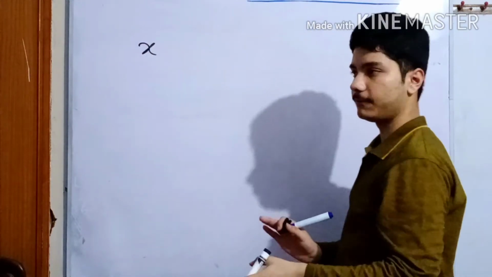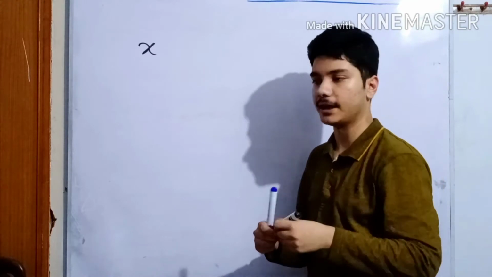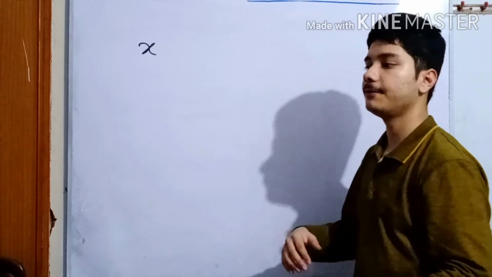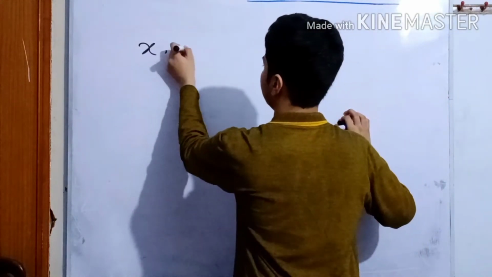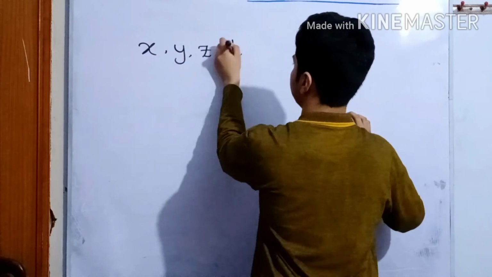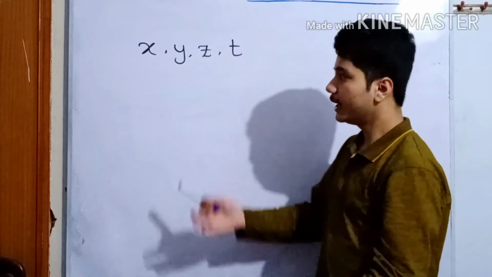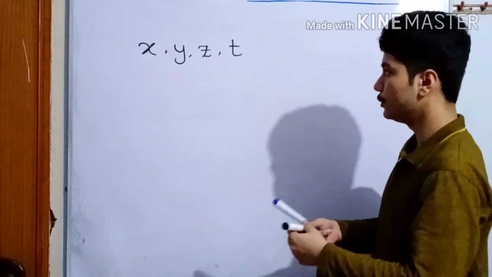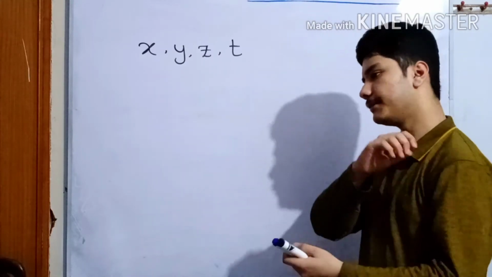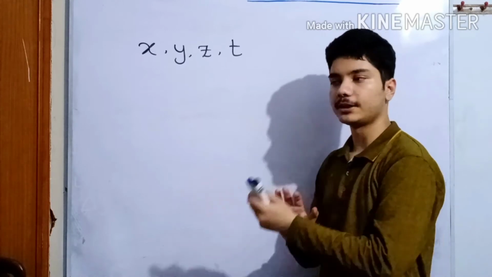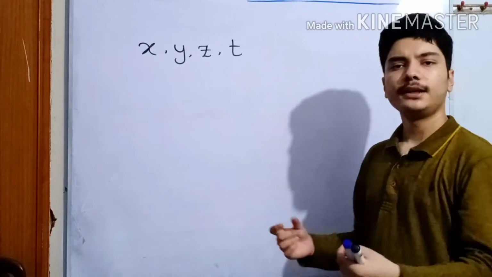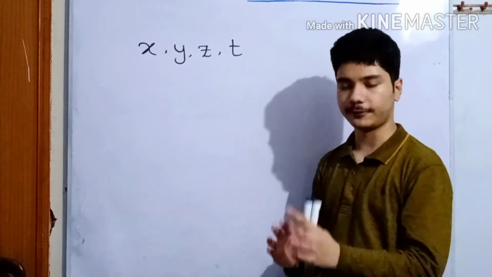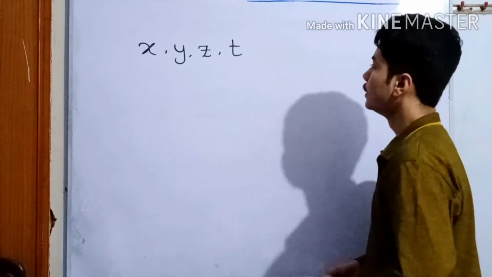There are lots of alphabets, 26 letters in English, but we always use only these 4 variables: x, y, z, t. Why only those? Why not a? Why not b? You can use any letter from the 26, but in every book it is just these that are discussed. Why? There's a logic, and I'm going to tell you.